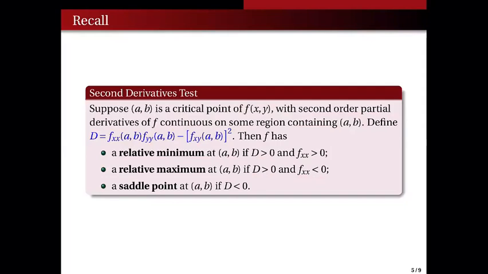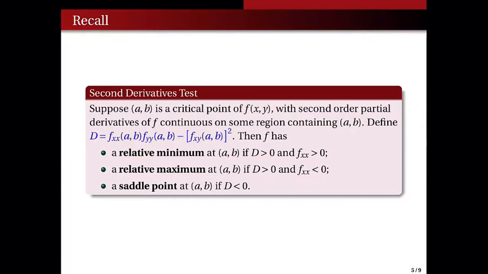So again, relative minimum at (a, b) if D is positive and f sub xx is positive, and relative maximum at (a, b) if D is positive and f sub xx is negative.